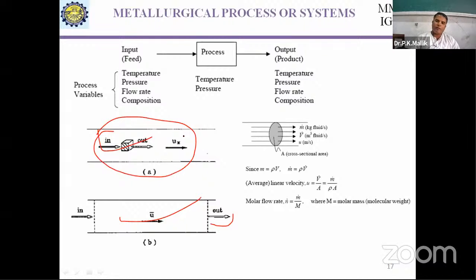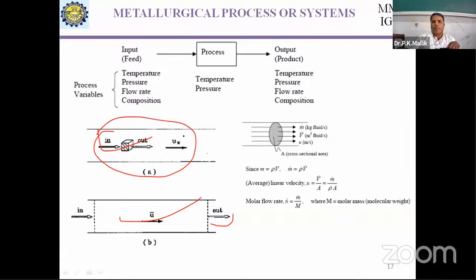Accordingly, we determine the flow rate, mass flow rate, or the forces acting on the system. These are what we consider in the control volume approach.